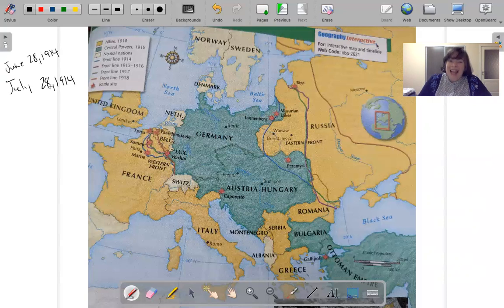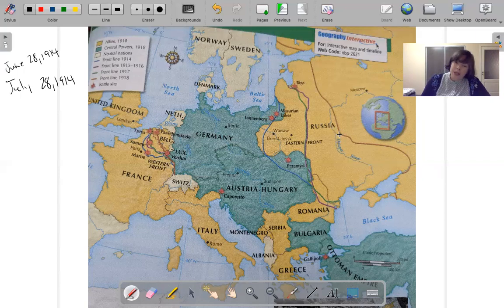On July 28th, so a month later, Austria-Hungary declared war on Serbia. Serbia asked for help from Russia because remember, Russia was like, I'm your big brother, I'll take care of all my little Slavic nations. So Austria-Hungary declared war on Serbia. Serbia asked Russia for help.